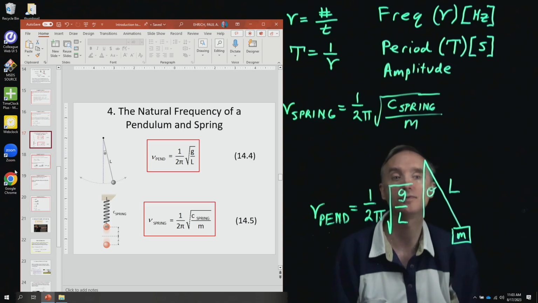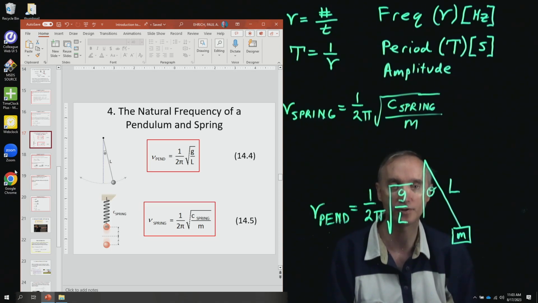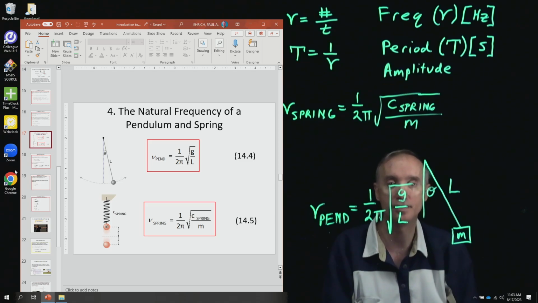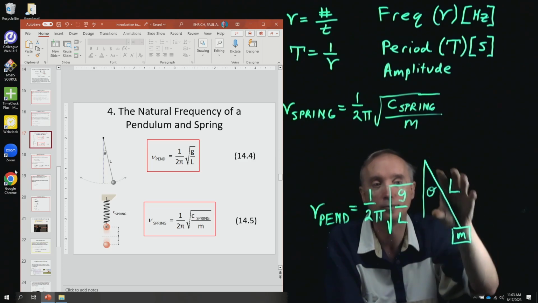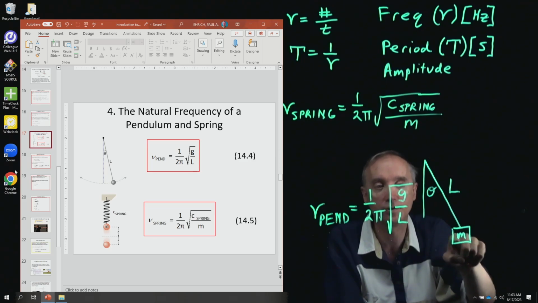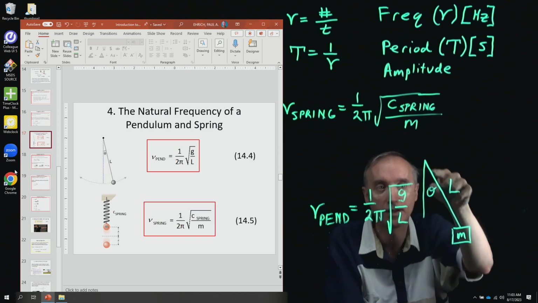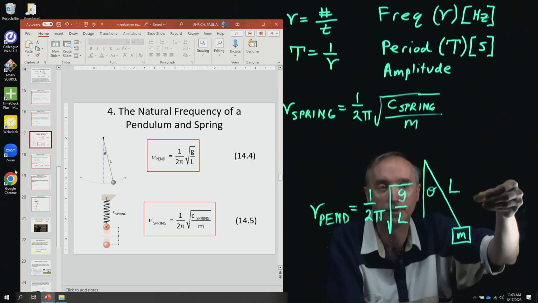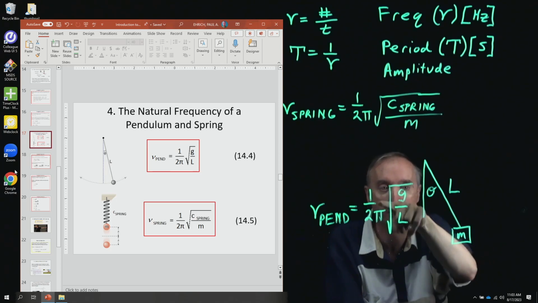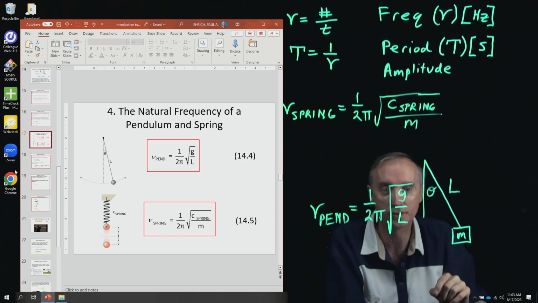I could ask you some conceptual questions about it. So see if you can answer this conceptual question. You have a pendulum that has a certain mass M attached to a certain string of length L. You're going to pull it out and let it go, and it's going to oscillate back and forth with a certain frequency.